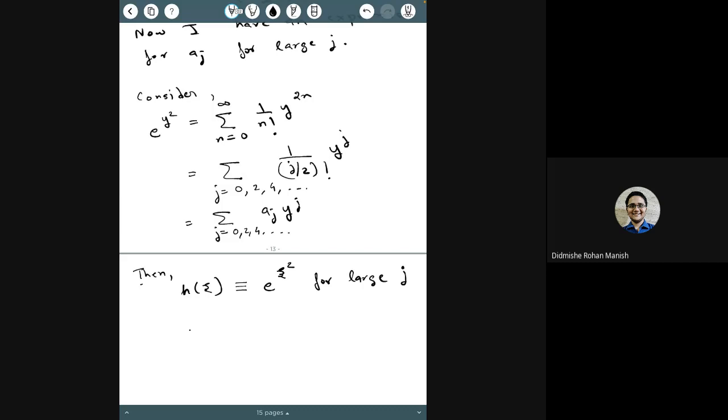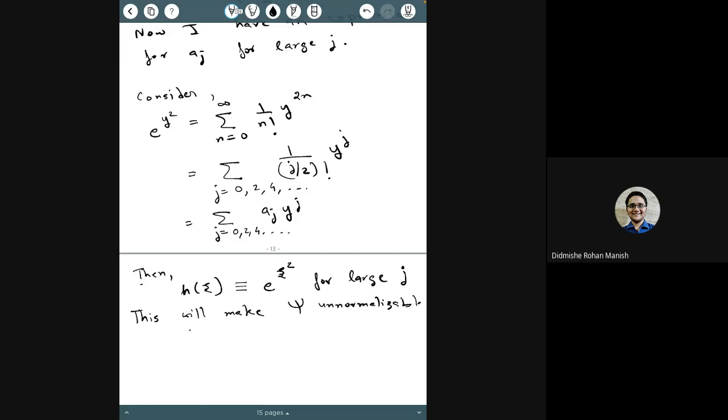This means that the last part of this power series starts looking like e to the power xi squared. Now this is certainly not a normalizable function, so this will make psi unnormalized.